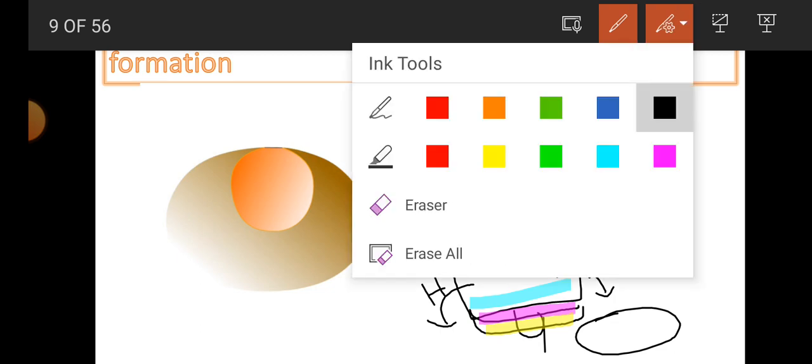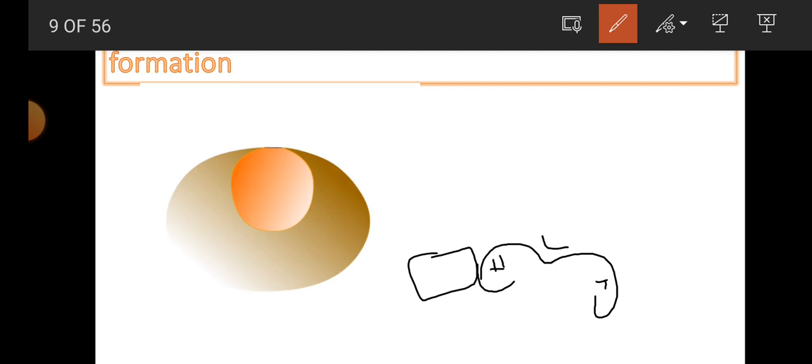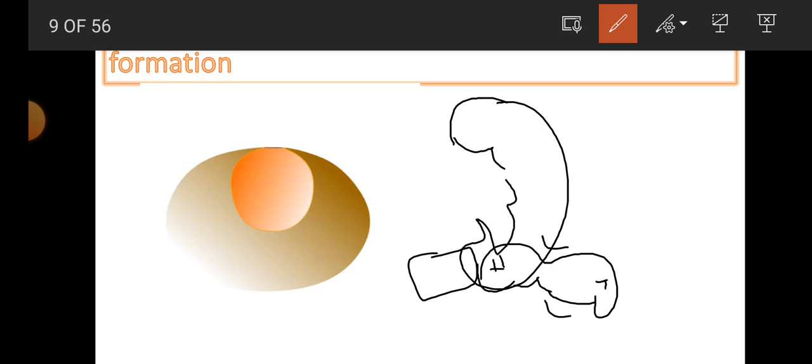Now after folding, what happens? This plate is now folded like this. At the head end there is a fold, at the tail end there is a fold, at the lateral region there is a fold, forming an embryo like this, shaping at the head and tail end like this.